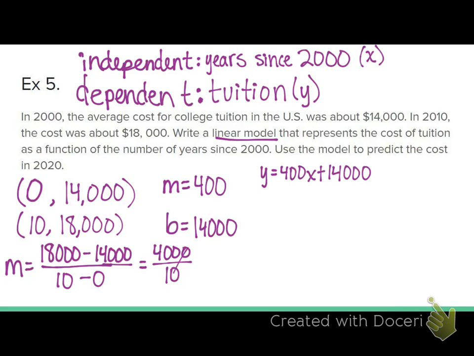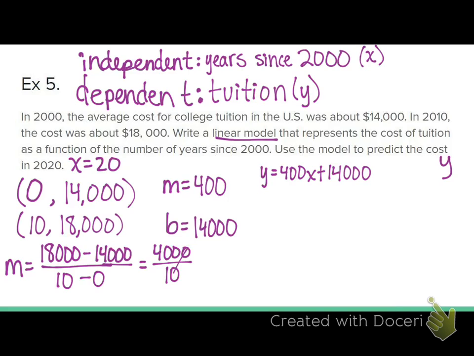If we are using that to predict the cost, which letter are we looking for if we're looking for cost or tuition? Y. We're trying to find Y in 2020. In 2020, what is our time that's passed going to be? 20 years. So we're finding Y when X is 20.